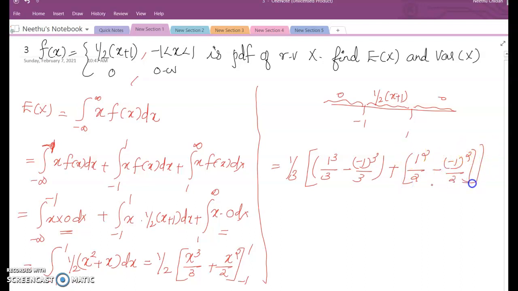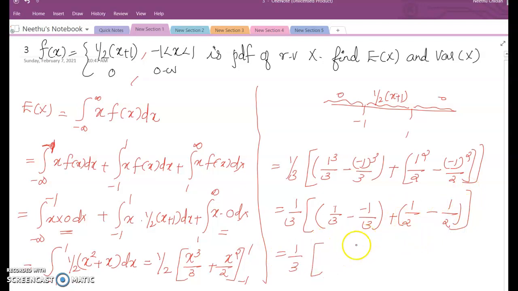Therefore, this is equal to 1 by 2 into, 1 cube by 3 is 1 by 3, minus minus 1 cube means plus 1 by 3, plus 1 square by 2 is 1 by 2 minus 1 square by 2 is again 1 by 2. So this is 1 by 2 into 1 by 3 plus 1 by 3, that is 2 by 3, plus 1 by 2 minus 1 by 2, it is 0, therefore 2 by 3. Sorry, the constant here is 1 by 2, not 1 by 3.